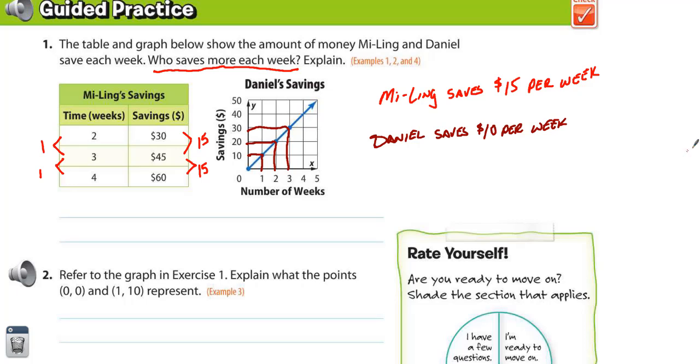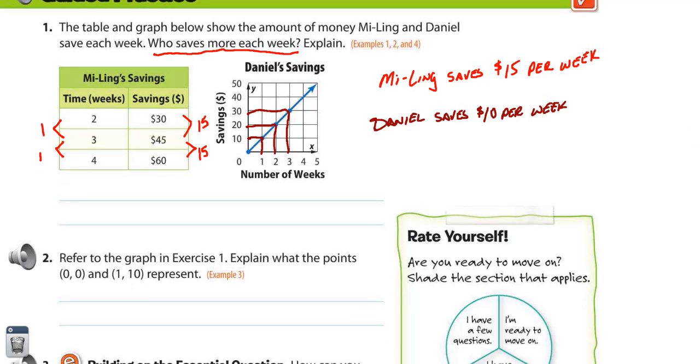Now the second part of this was, what does the 0, 0 on the graph refer to, and what does the 1, 10? Well, the 0, 0 is before Daniel starts saving, if he's been saving for 0 weeks, he has $0. So 0 weeks saving money equals $0 saved.